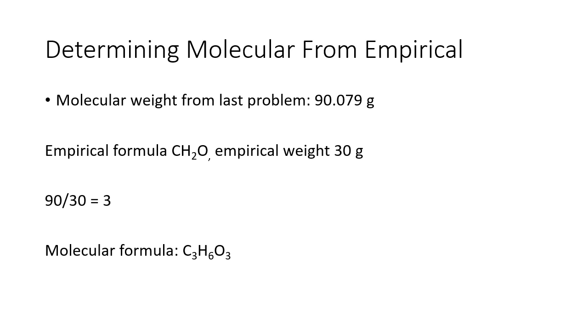So CH2O becomes C3H6O3. So again, you divide the molecular weight that they give you in the problem by the empirical formula weight, and whatever whole number you get out, you multiply all of the coefficients in your formula by, and that will give you the molecular formula.